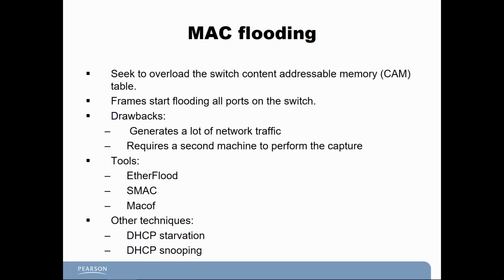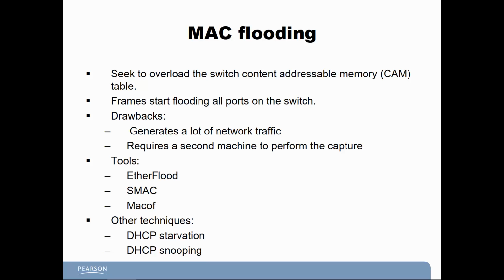MAC flooding. This is where we seek to overload the switch CAM, or the content addressable memory. We do that so that the switch can't process new MAC addresses. Frames start flooding on all ports. Again, one of the drawbacks is it generates a lot of traffic, and it normally requires a second machine so that we can perform captures.